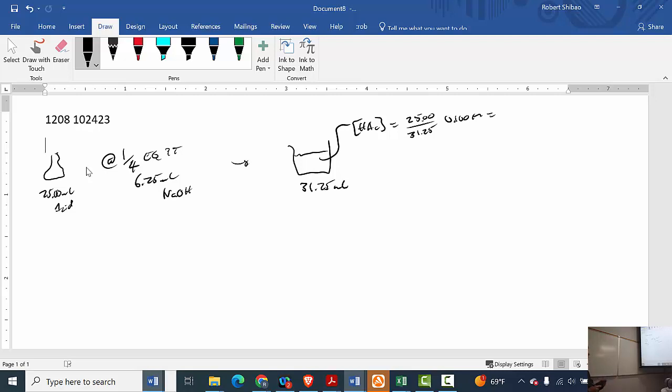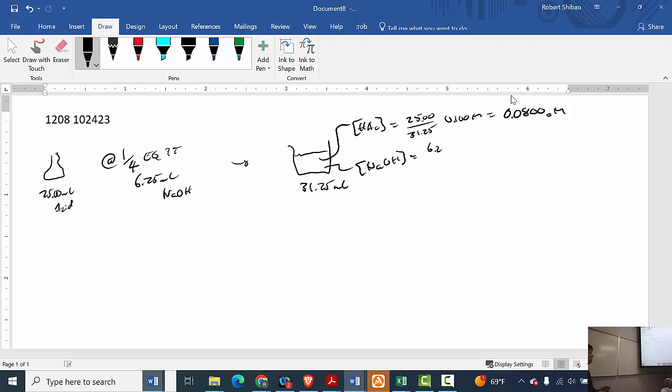And so let's go ahead and calculate what that comes out to. 25 divided by 31.25 times 0.1. And so we had 0.0800 molar. And then we'll calculate the initial concentration of the sodium hydroxide after solution dilution.